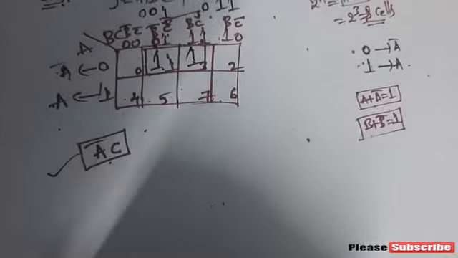Let's see whether the answer is right or wrong. This method is applicable from the competitive examination or GATE examination point of view. If you are preparing for university examinations, you can't use this method. I already told you the Boolean reduction function, or how to reduce the Boolean expression. You have to follow that method.